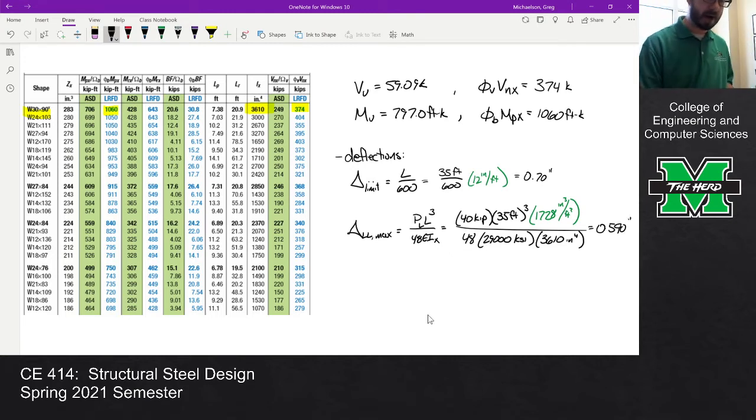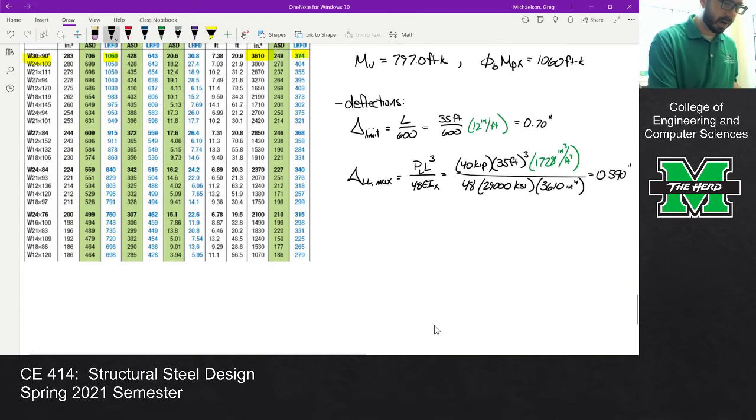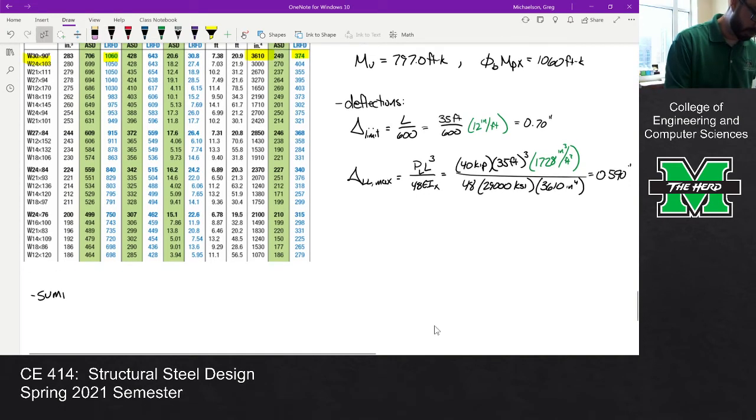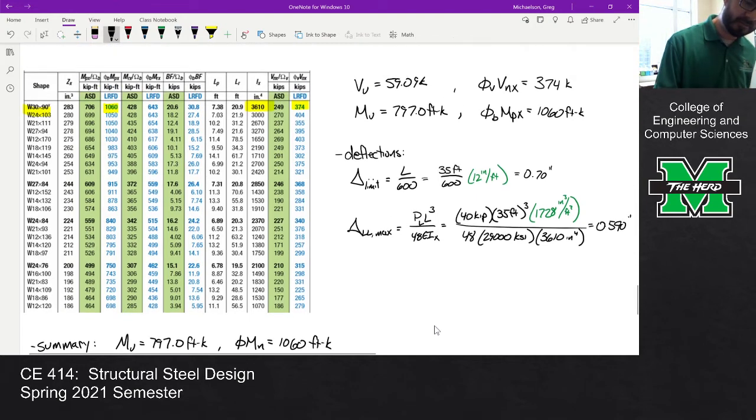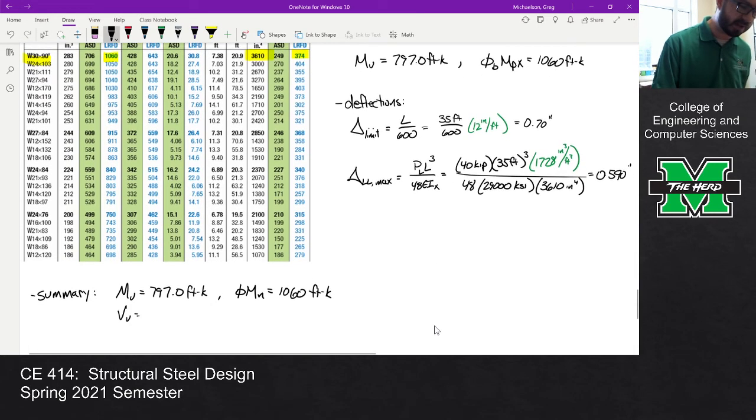So if we want to summarize, for moment, we have MU is 797. That's how much we're putting on it. phi MN is 1060. That's how much it can withstand. We're good there. VU is 59.1 versus 374.